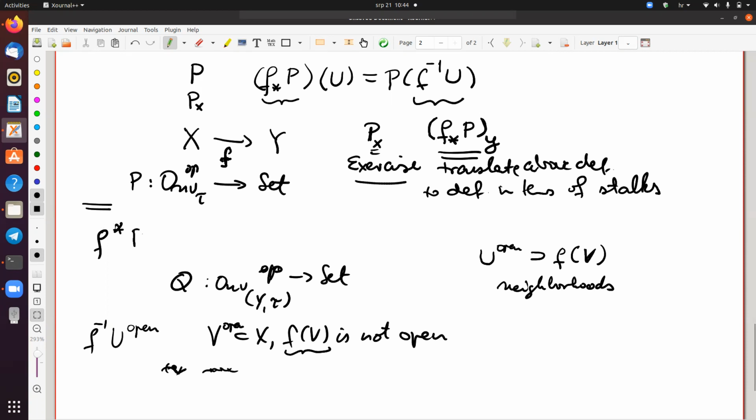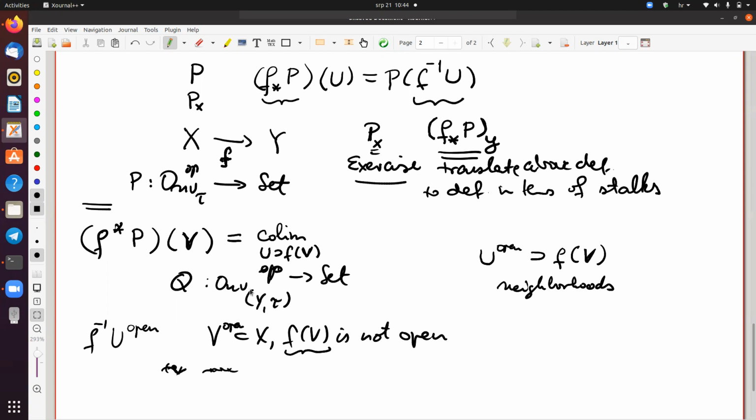So I take F star P of V to be the co-limit, direct limit, over all U which are neighborhoods of F of V.